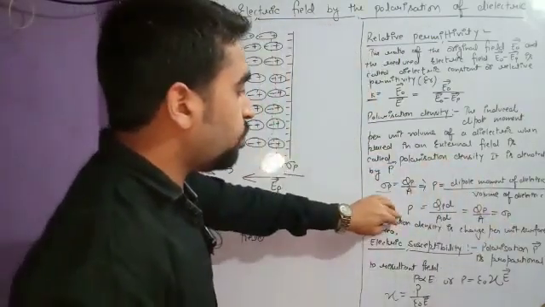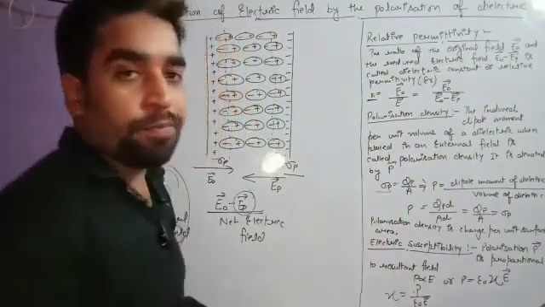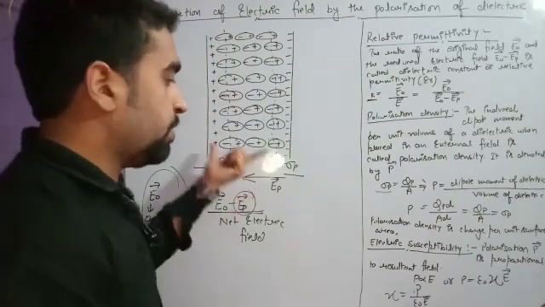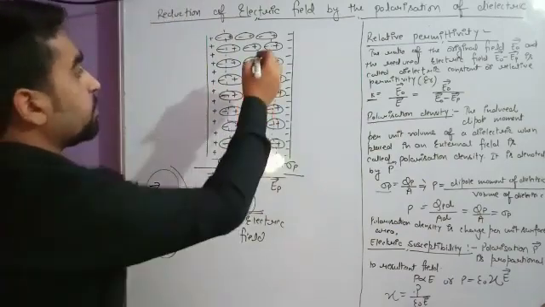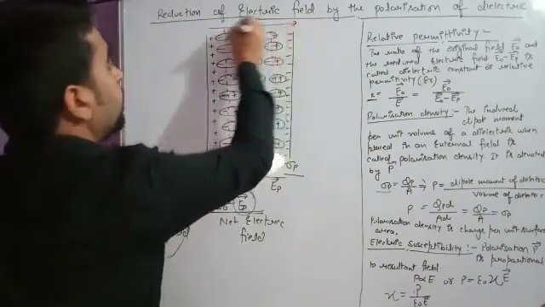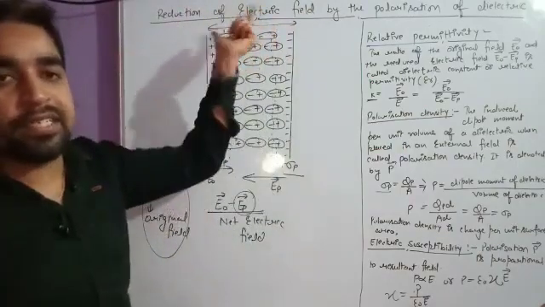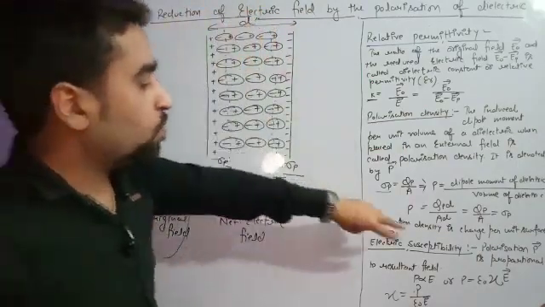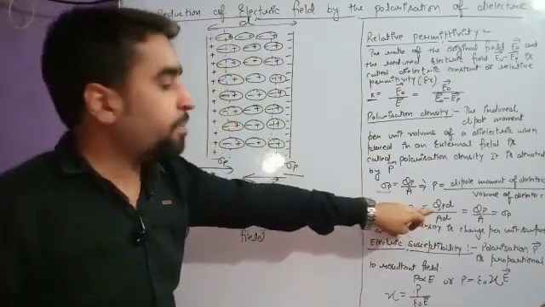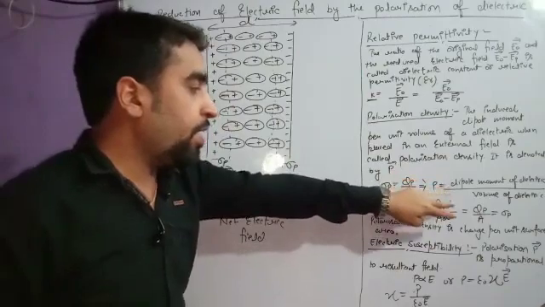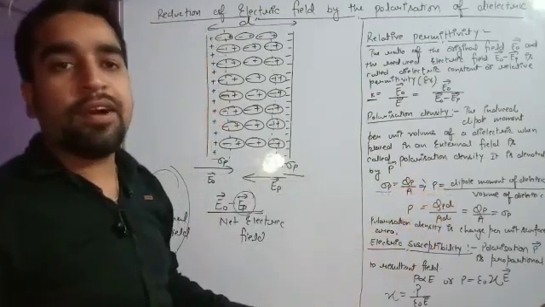Now students, polarization density is the dipole moment of the dielectric divided by volume, dipole moment per unit volume. So P is equal to the dipole moment. What is the dipole moment formula? We already know, charge into the distance between the charges. We can consider the distance between the charges as d, as even in the capacitor we take thickness to be d. So the charge is Qp and the distance between the charges is d. This is the dipole moment in the numerator, and in the denominator we consider the volume.